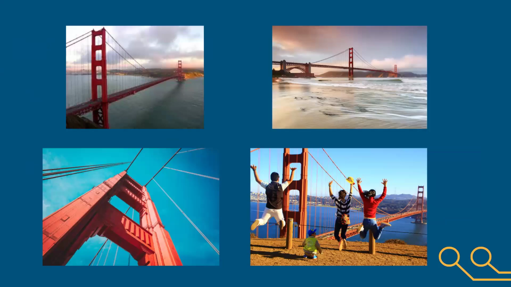So can someone tell me, if I'm looking to analyze whether this is a Golden Gate Bridge, what are the dead giveaways as far as shape goes that it is a Golden Gate Bridge? Exactly. Anyone else? Yep. Anything else?